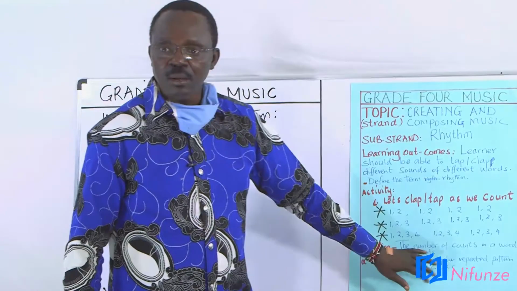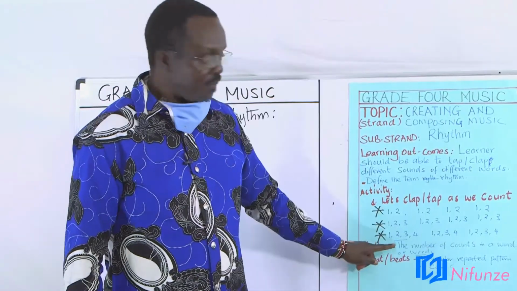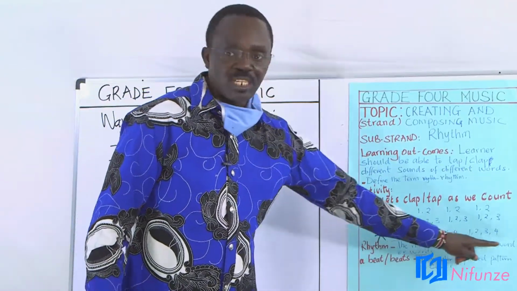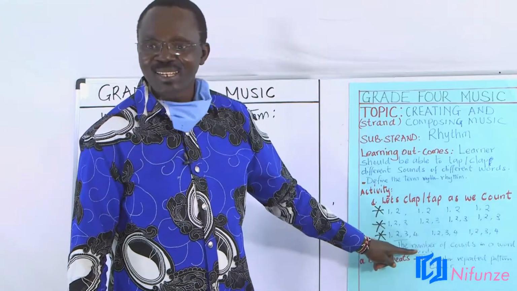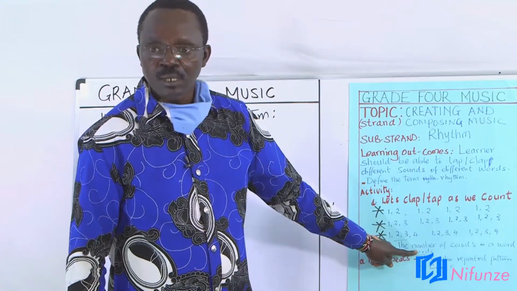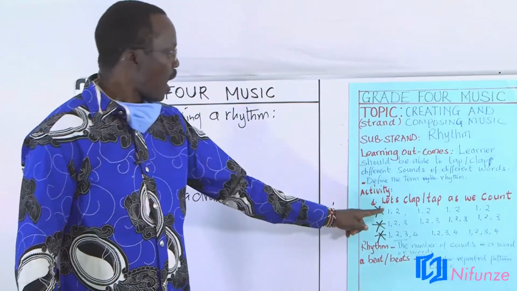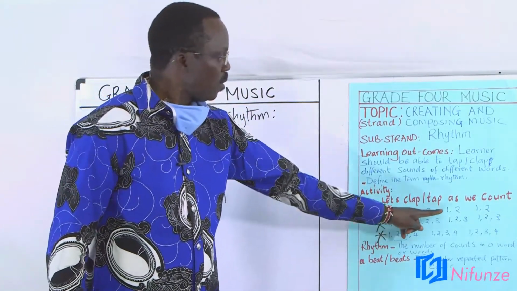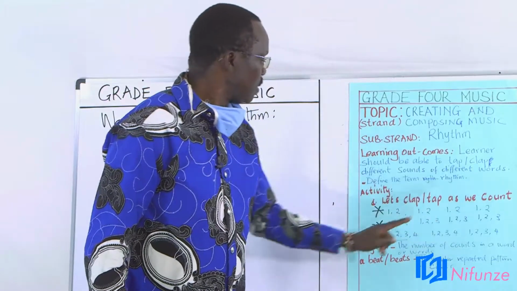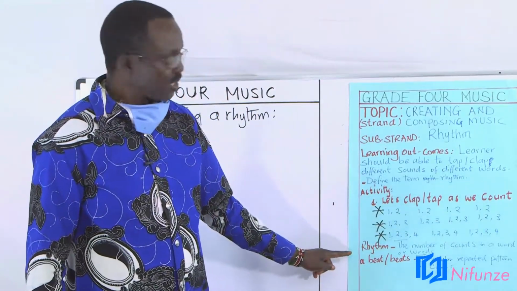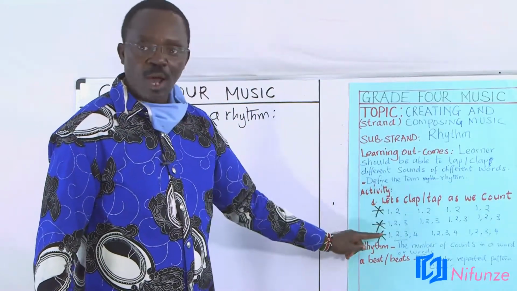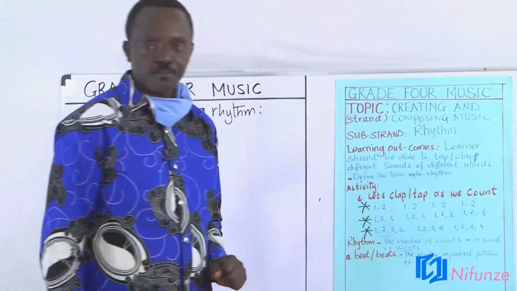And what do we say a rhythm is? The number of counts in a word. Those counts can be 1, 2, or 1, 2, 3, and 1, 2, 3, 4.